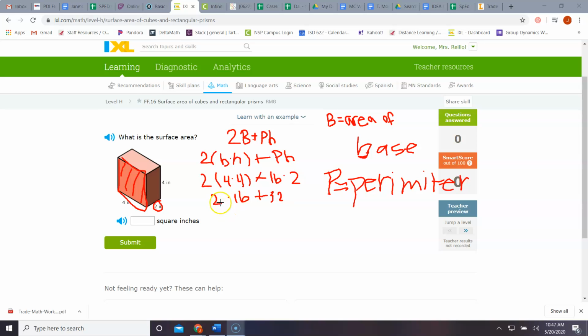And over here we end up getting the same thing. So we end up with 32 plus 32.